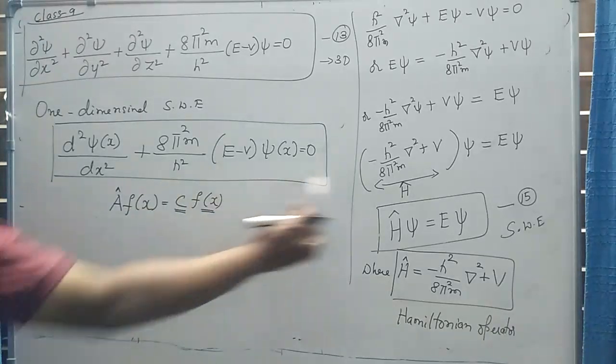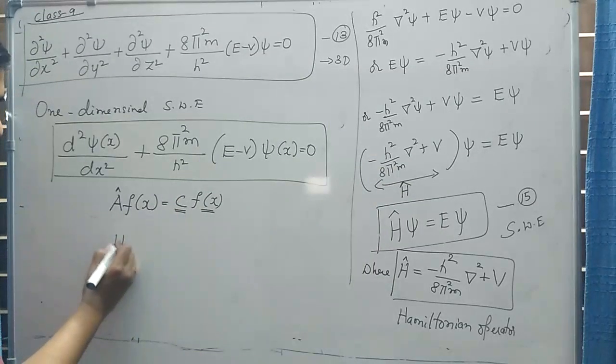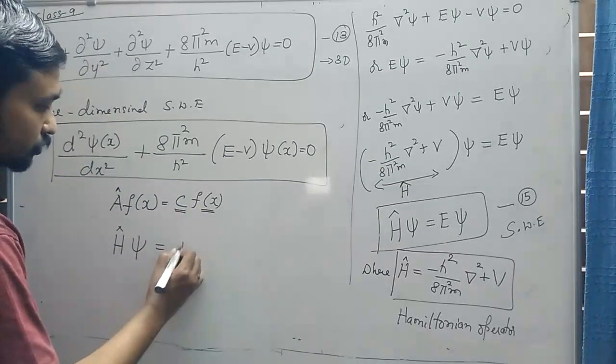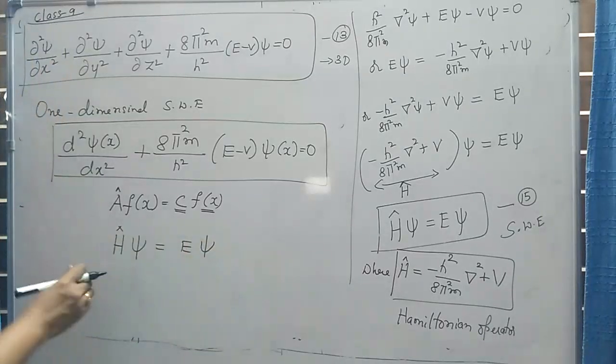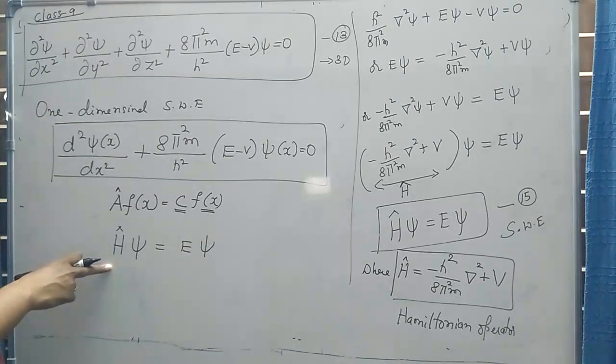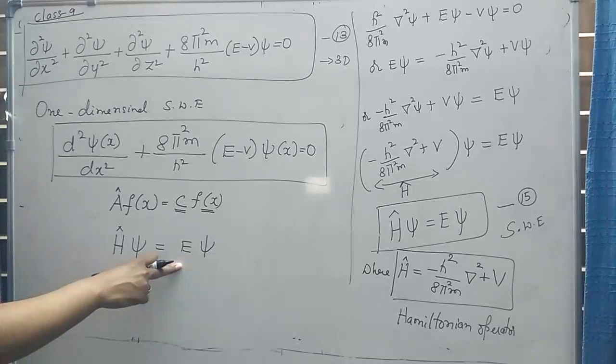Now if we look at this simple version of the Schrodinger wave equation, which I will write here again, H of psi is equal to E into psi. When this function is operated on by the Hamiltonian operator, it gives the same function back but multiplied by a constant.